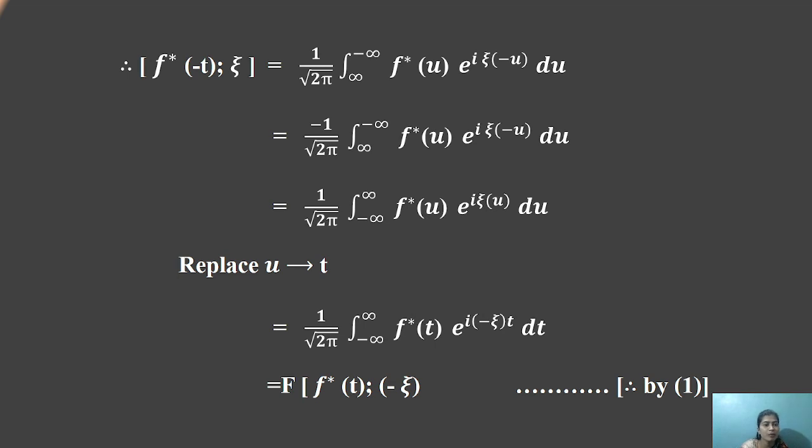F star will be given in this form. After that, put these values in both conditions: f star of u e to the power i xi minus u du, equals minus 1, as given in this form. Both of these equations will change in this form, that is, minus will be common: minus 1 upon square root of 2 pi, integration from infinity to minus infinity of f star of u e to the power i xi minus u du.